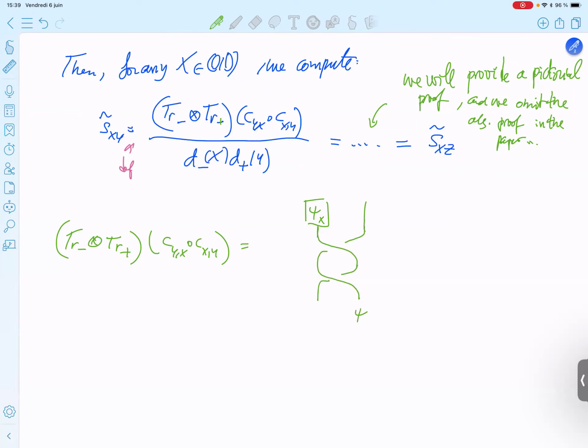And then, did I make a mistake here about the sign? Let me check. So maybe, well, it does not matter, but it should be minus here and plus here.